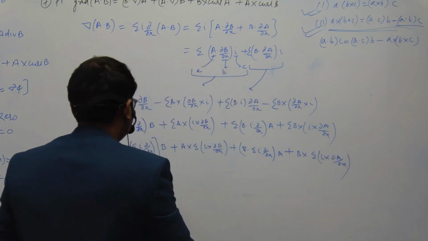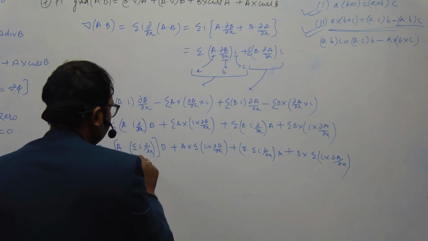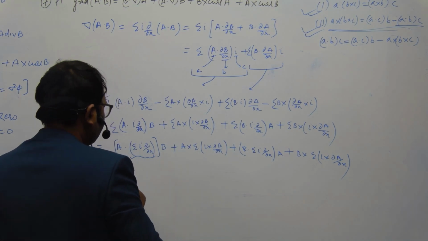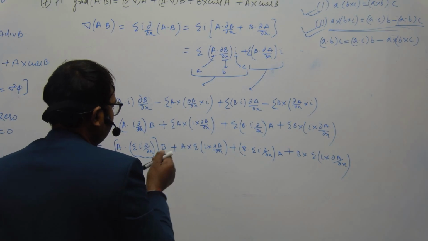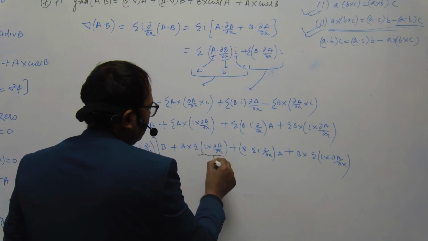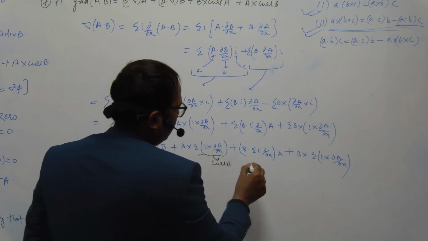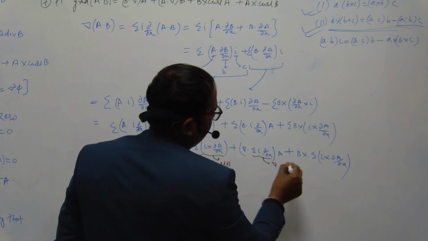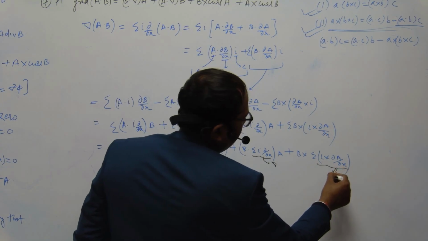So this is equal to A dot, this summation I del upon del x is nothing but the vector differential operator del. Similarly, this is curl of B. This is the vector differential operator, and this is curl of A.